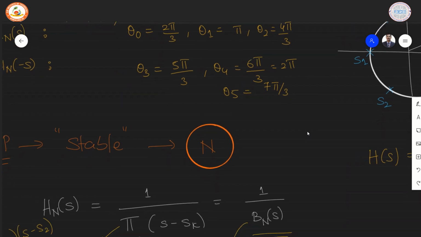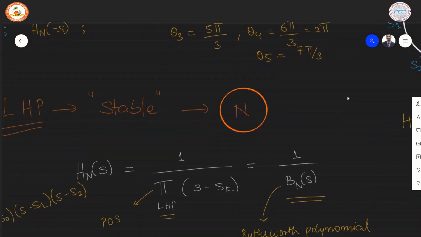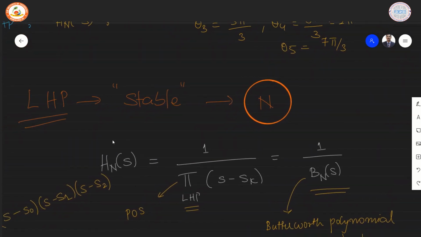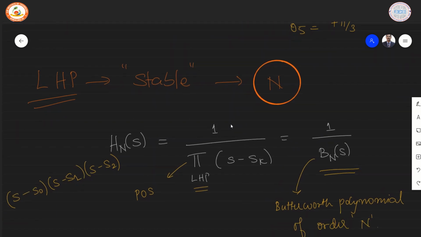Since we want a stable filter, we are going to consider only the LHPs, and the transfer function for a normalized Butterworth filter is said to be Hn of s equals 1 by pi, where pi stands for the POS notation, product of sums, and LHP indicates that we are favoring only the left half poles and not considering the right half ones.